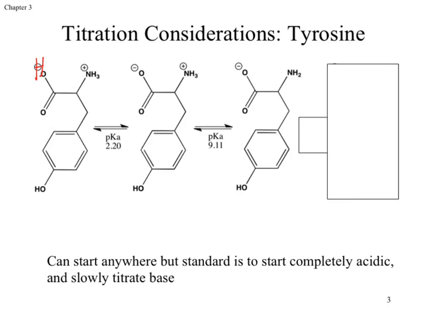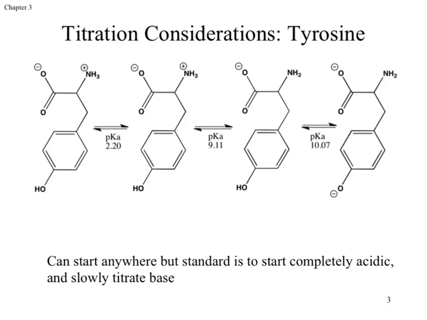We're going to lose that hydrogen, so we can look at the pKa for our phenol being at about 10, and we can remove that hydrogen now. Okay? So, draw that other hydrogen again back on there. Copy paste.